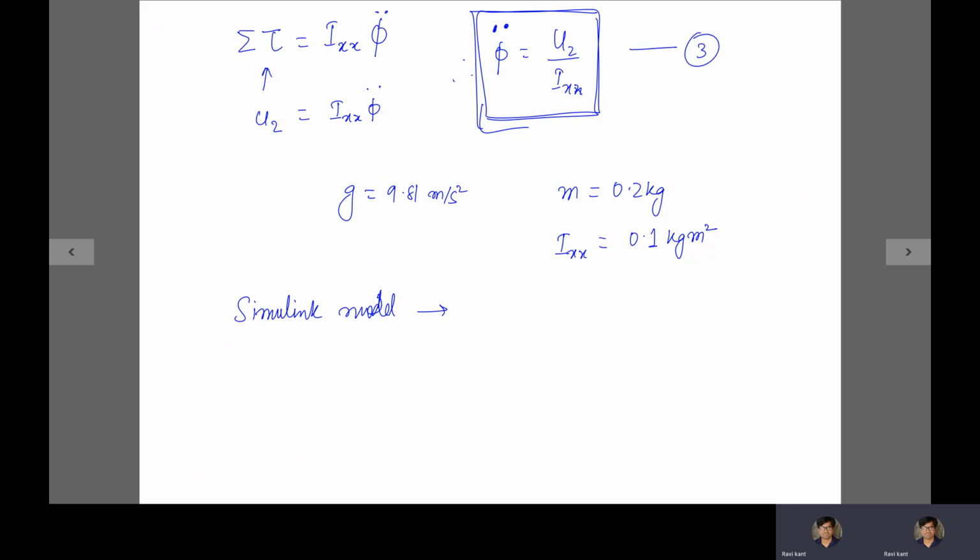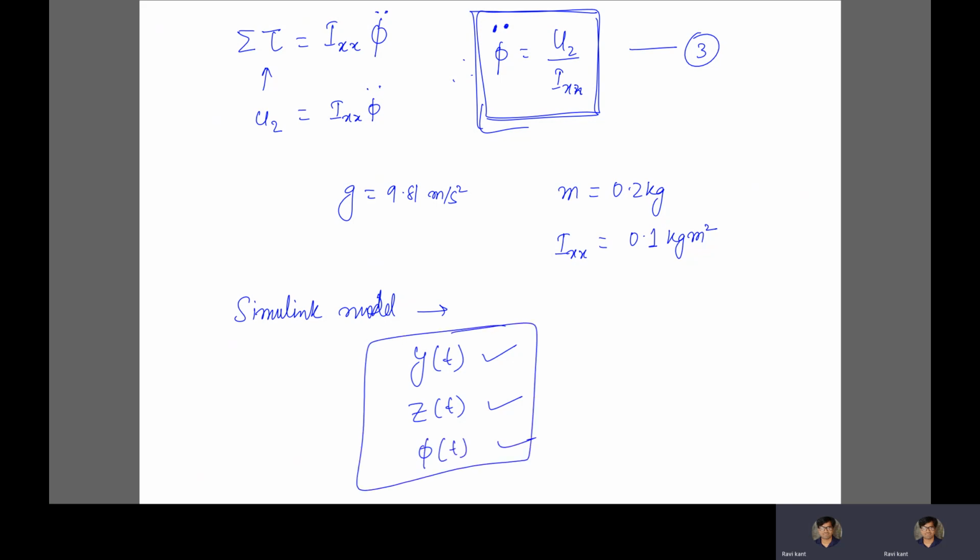So what is the overall idea of simulating the dynamical system? You should have the information at the end of this simulation: y with respect to time, z with respect to time, and phi with respect to time. All this information you should have.